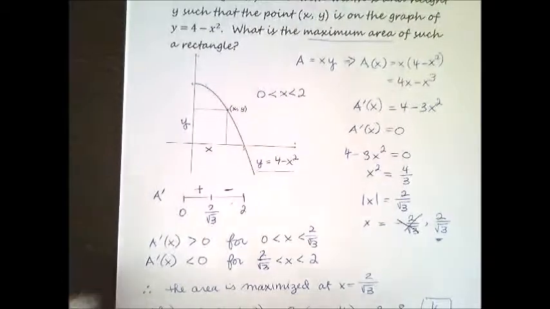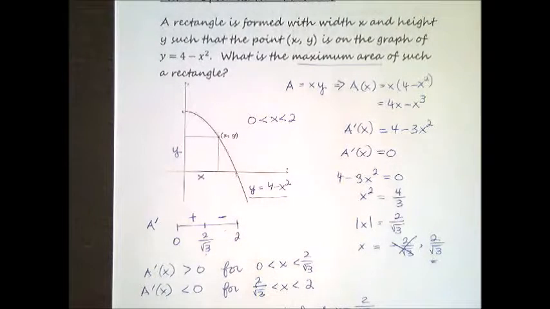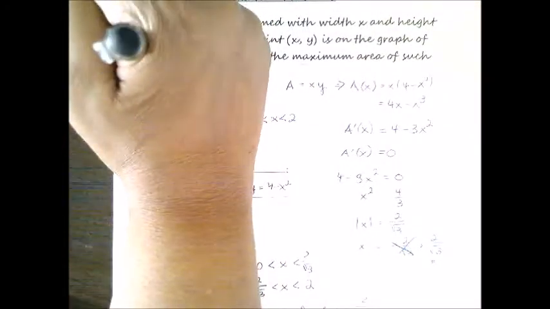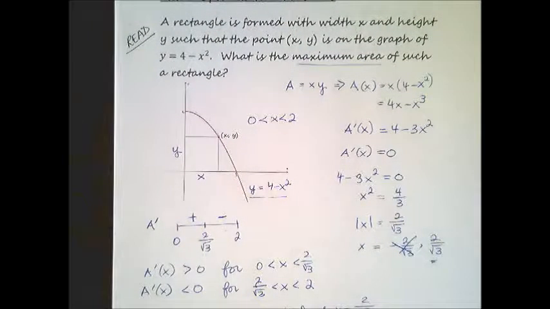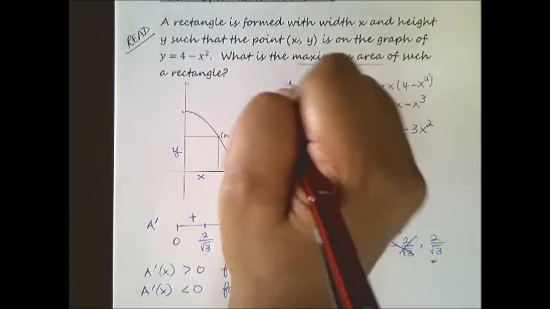So this is a good problem to really think about the steps in solving this type of problem. Step 1 is always to read the question all the way through, making sure that you understand what you have and what you're being asked for. My next thing is really realizing what I'm maximizing. Right?